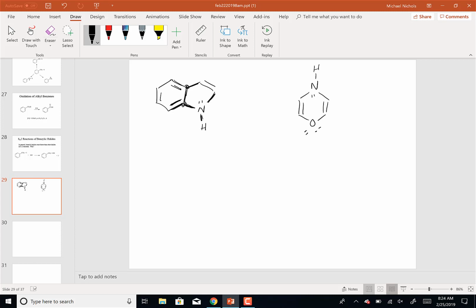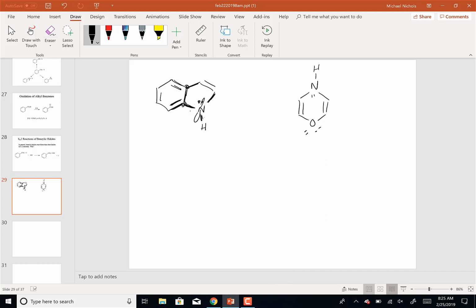Lone pairs could go into hybrid orbitals as well, but a bond to an atom cannot go in a p orbital. Bonds to atoms can only go into hybrid orbitals. So this nitrogen, if it decides to go sp2, these 3 are going to be the hybrid orbitals, and what happens to the lone pair? The lone pair goes into the unhybridized p. And therefore it gets counted as part of the pi system.